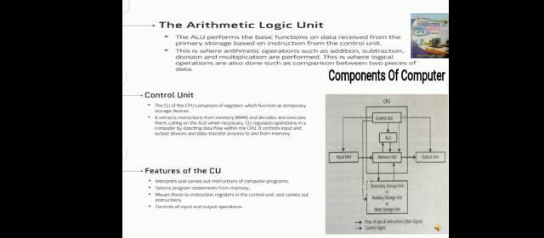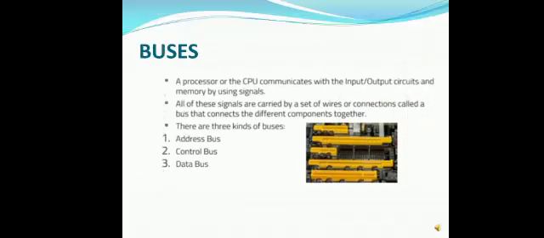Also logical operations are done, that is, comparison between two pieces of data. Then we have the CU, the control unit. It extracts instructions from memory, decodes and executes them, and then calls the ALU if necessary. Then we have the features of the CU: the control unit controls all inputs and outputs.